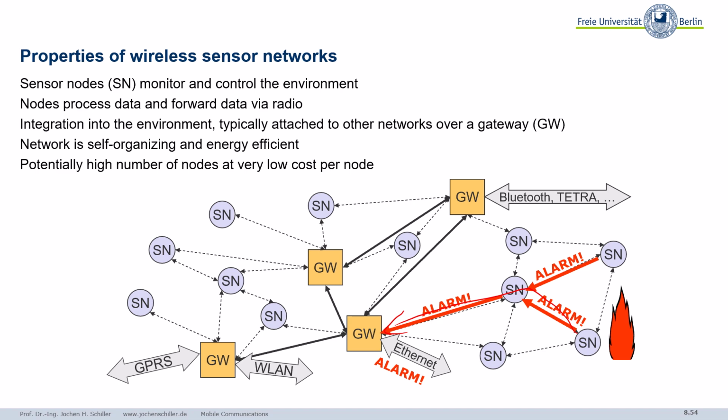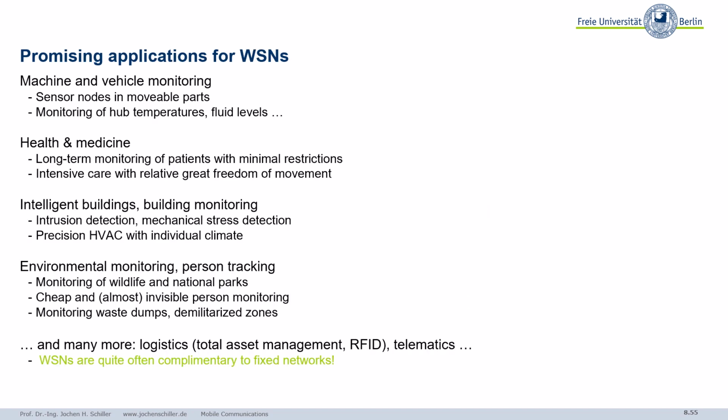Okay, so applications, without going into all the details, wireless sensor networks starting, say, early 2000: vehicle monitoring, health, medicine, long-term monitoring of patients, intelligent buildings, smart buildings, building monitoring, all these things, individual climate in rooms, mechanical stress detection, environmental monitoring, very interesting monitoring of wildlife.